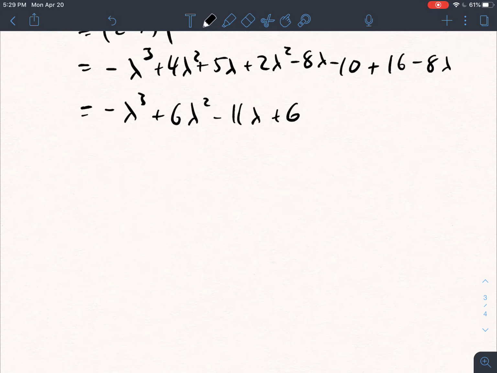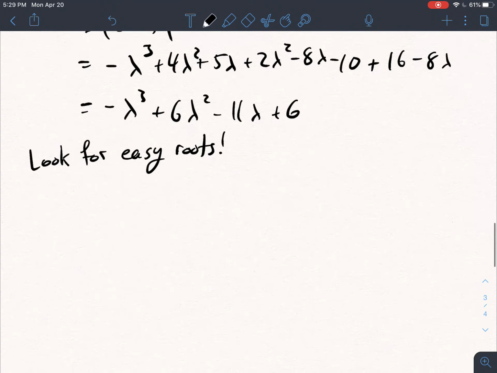So there's no good answer to this, but one way that you could factor a degree 3 polynomial is to first look for roots. So let's look for roots to this thing just by plugging in small numbers and seeing if it spits out a 0.